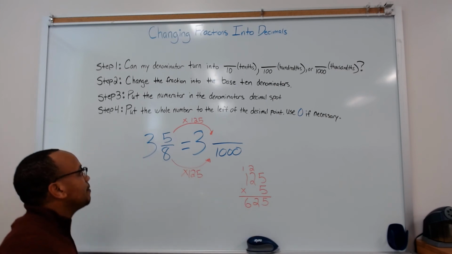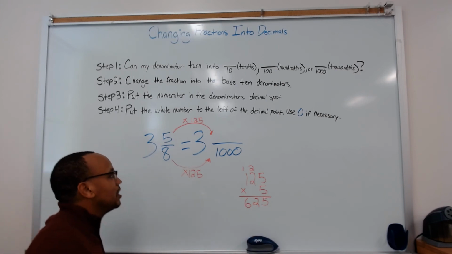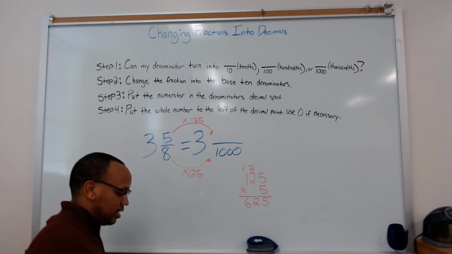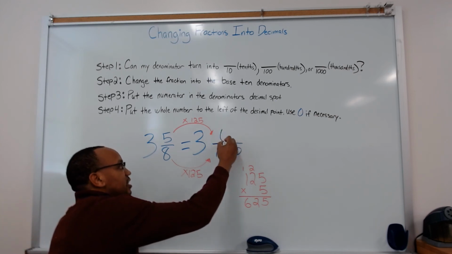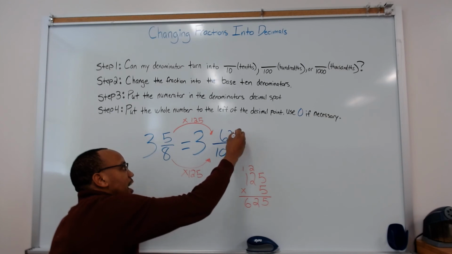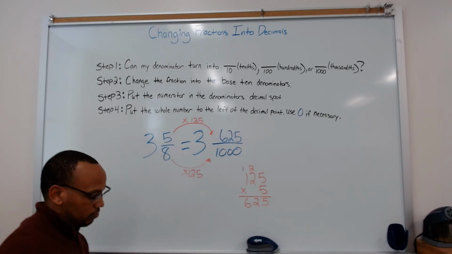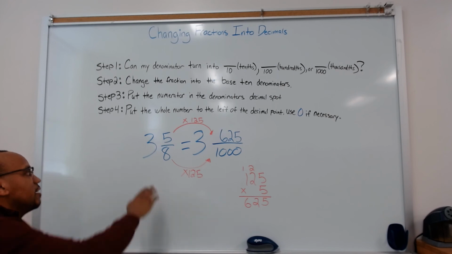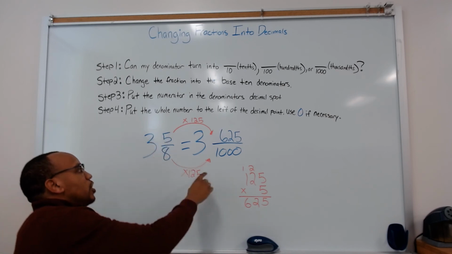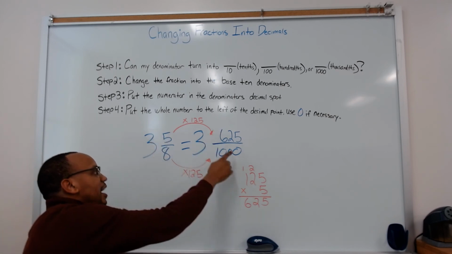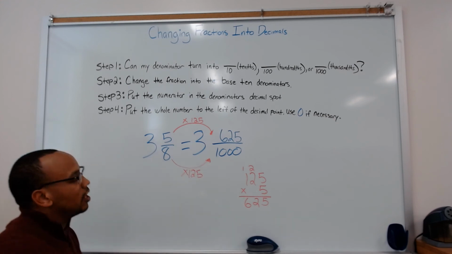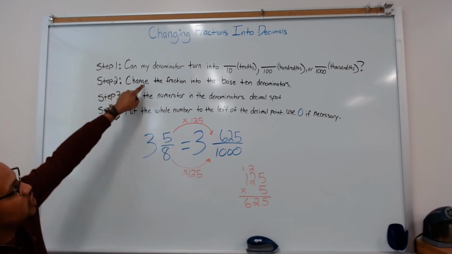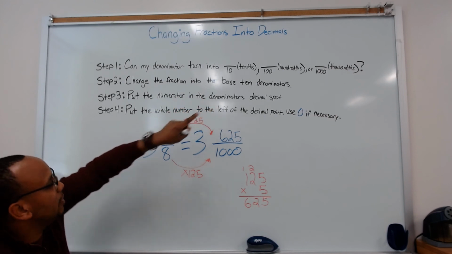So 5 over 8 is the same thing as 625 over 1,000. Right? So instead of 3 and 5/8, I'm going to use 3 and 625 over 1,000. Step 2 is complete. I've changed the fraction into a base 10 denominator.